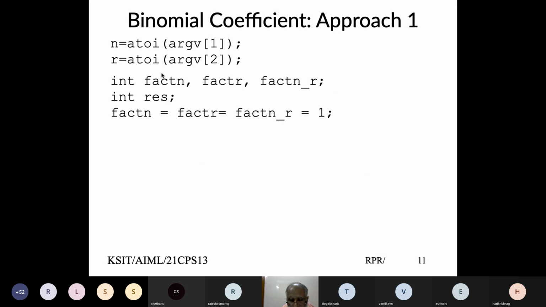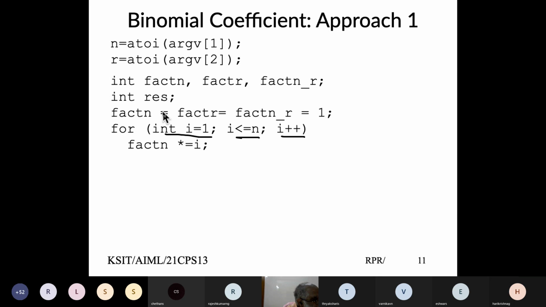So how do you compute factorial N? We initialize the answer to 1, and run a loop: for int I equal to 1, I less than or equal to n, increment I, and multiply the answer with I. So this will give me 1 into 2 into 3 into 4 up to n, and this basically gives me factorial N. I have not put curly braces here, which I recommend, only so that I can show everything on the same screen.